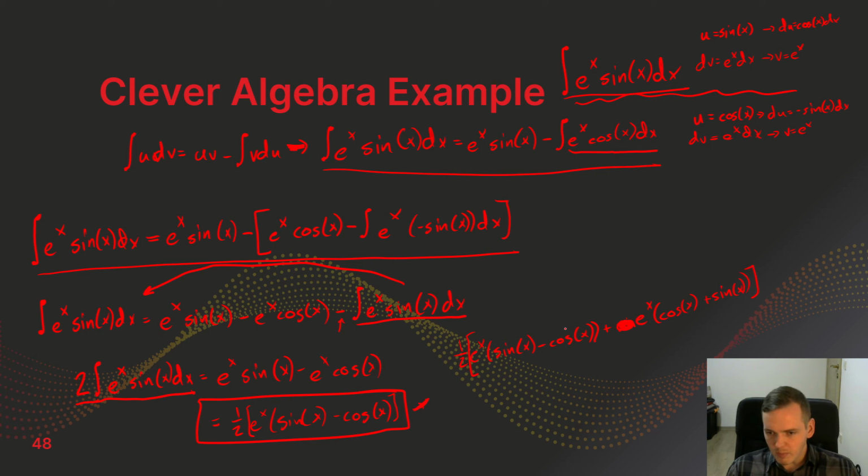So then, if we work on this, the e to the x can come out front, and I'll have 1/2 e to the x times sine of x minus cosine of x plus cosine of x plus sine of x. And so the cosines will cancel, and I get 1/2 e to the x times 2 sine of x, which is just equal to e to the x sine of x.